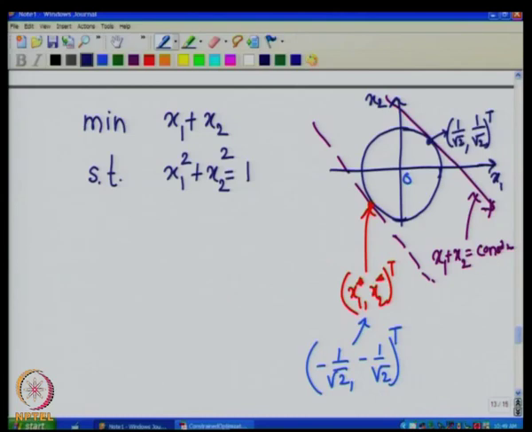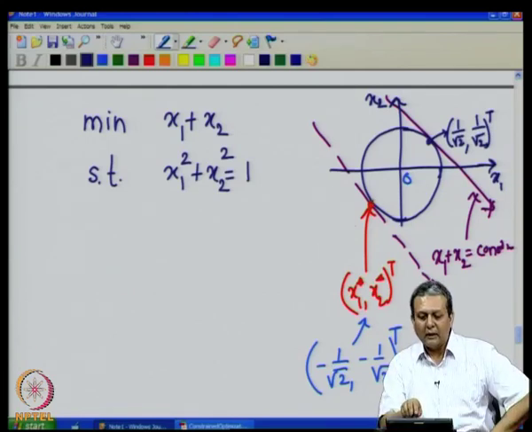So, when we transform the given constraint problem to an unconstrained problem, we have to be very careful, because you saw that in this case when we took x2 to be minus root of 1 minus x1 square, we got the actual local minimum, and if we used x2 to be plus root of 1 minus x1 square and plugged in that value here, we got the local maximum.